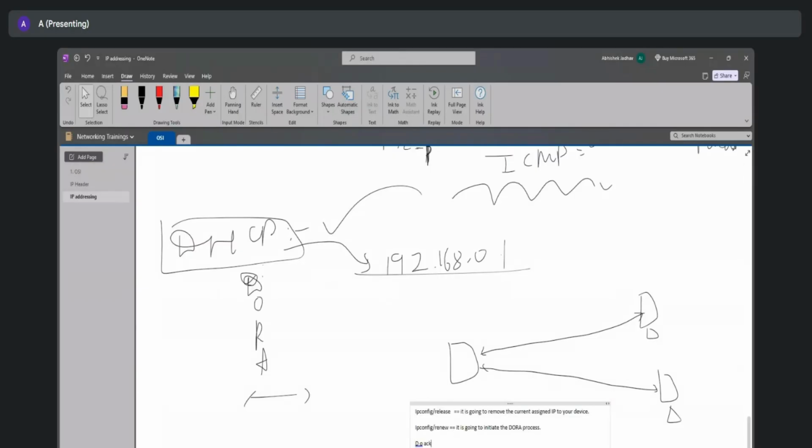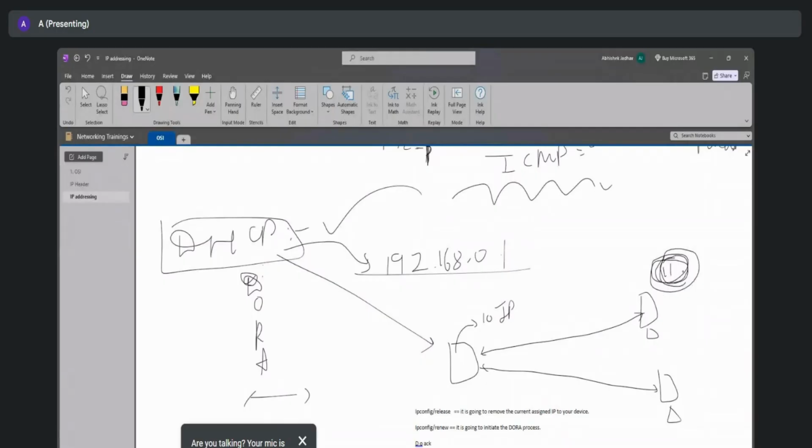You can see everything. And if by chance, let's assume your DHCP server here has the capacity of only 10 IP addresses, right? And there are about 11 devices within your home network. Let's assume, just as an example, this scenario is not there, but let's assume that there are only 10 IP addresses which this DHCP server can provide, right? Now, there are 11 devices within your home network.